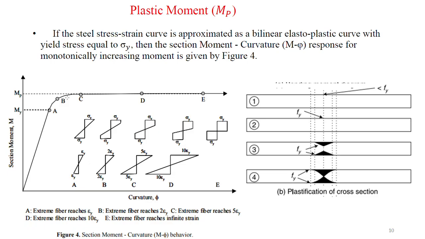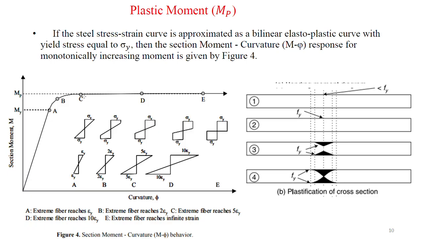Why? Because we can observe after this particular point, elasticity is lost at this point. And after this point yielding stops. What happens after C is that the yielding deformation keeps on increasing without any increase of moment.